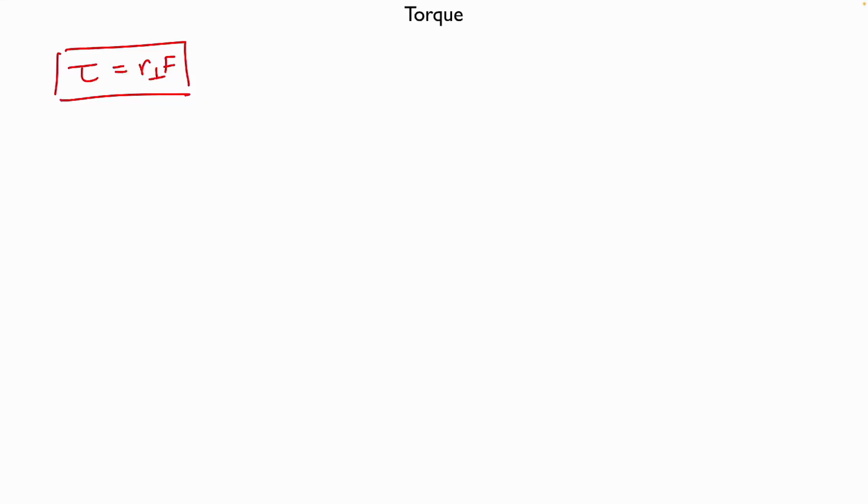The same goes for when I open the door, right? I have to apply this perpendicular force to it. If I try to apply any kind of force parallel to the distance from the axis of rotation, I'm not going to get any torque. And so I like to write it like this.